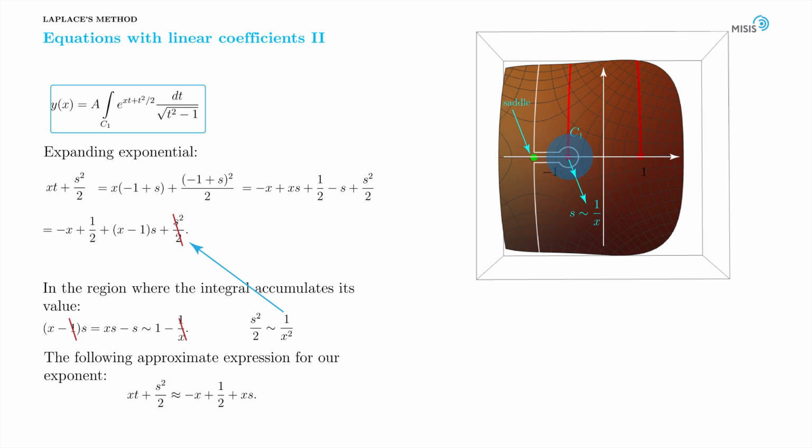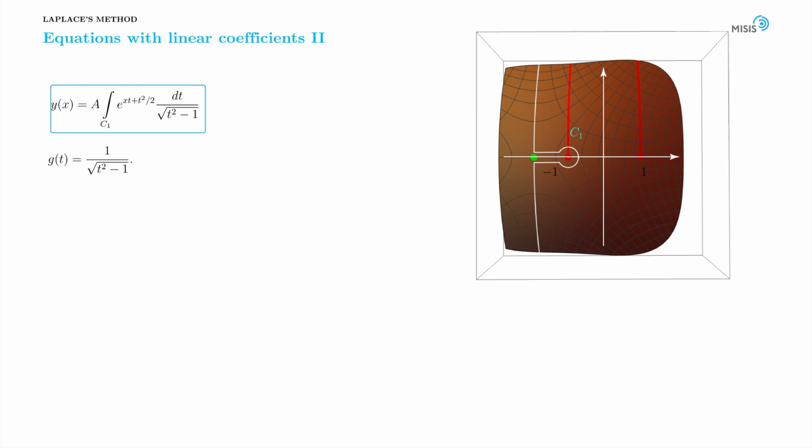And the expression for the asymptotics now reads, where, just a reminder, the g function is our pre-exponential. Now, let's figure out briefly how to tackle this multi-valued g of t on the lower and the upper bank of the contour. As you remember, g of t is defined to be positive for large positive values of t.